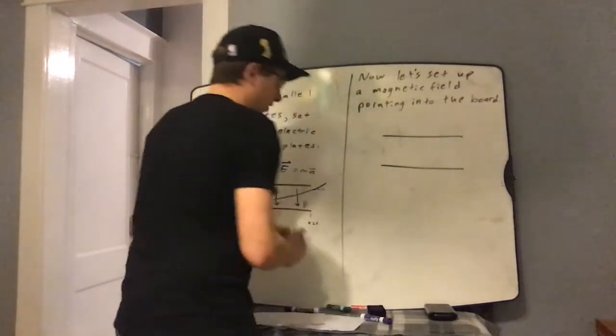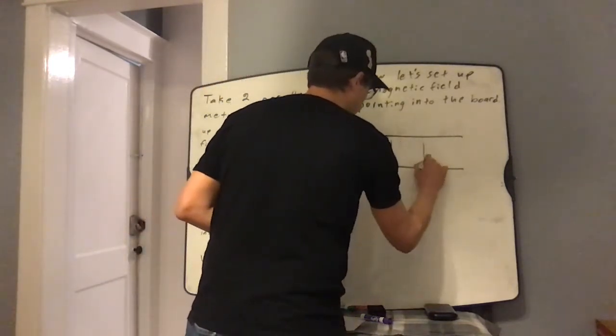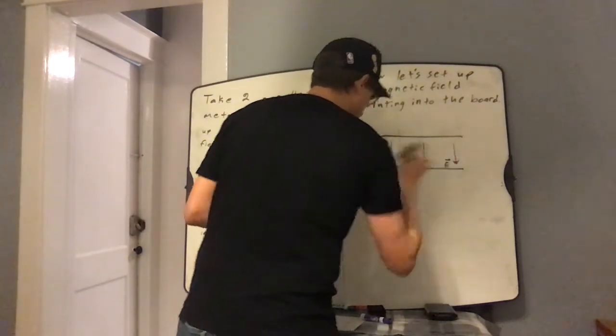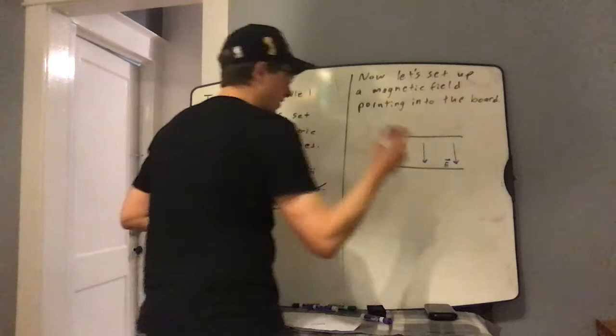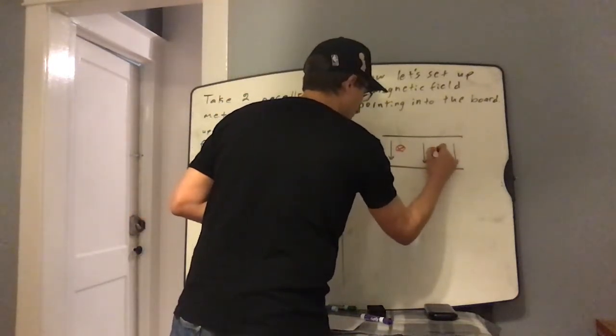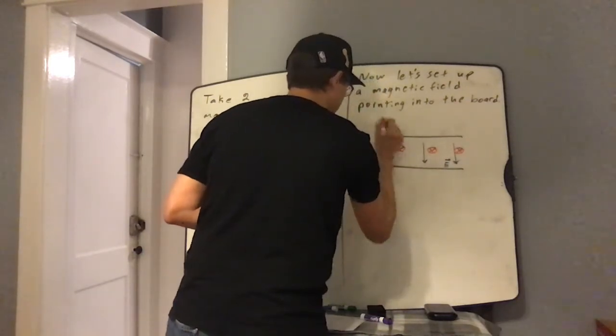I will have my electric field pointing downward. So here's my electric field, E. Here's my magnetic field pointing into the board, given by B.